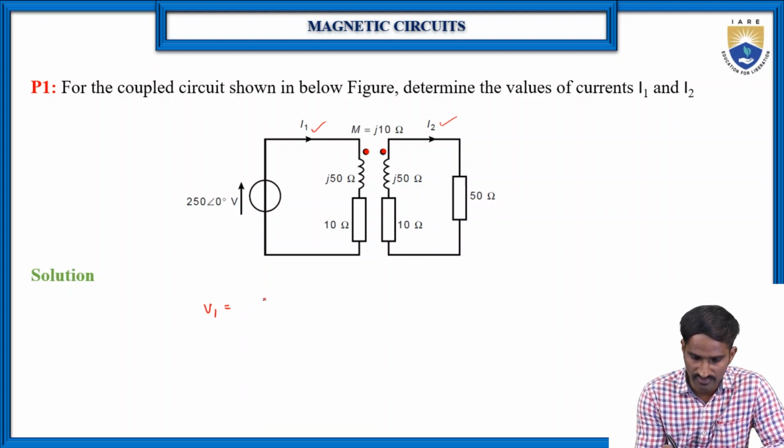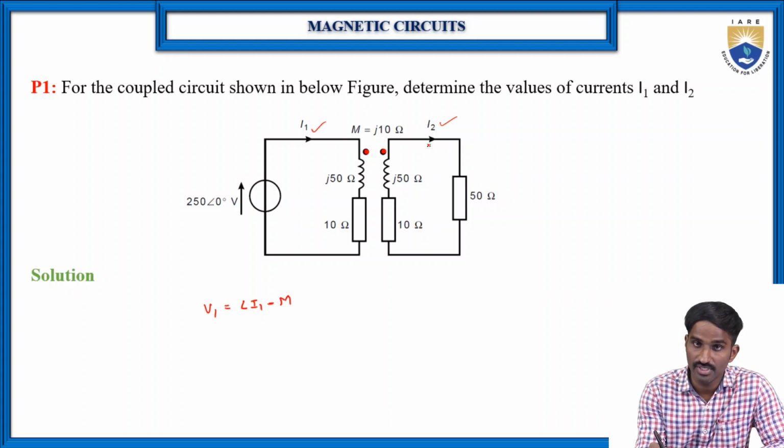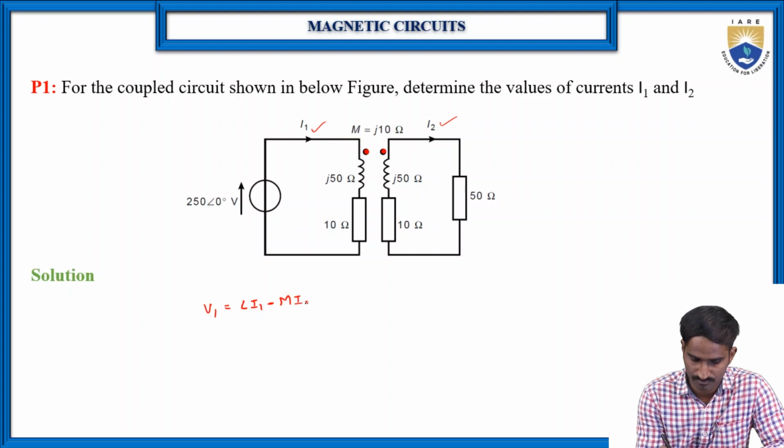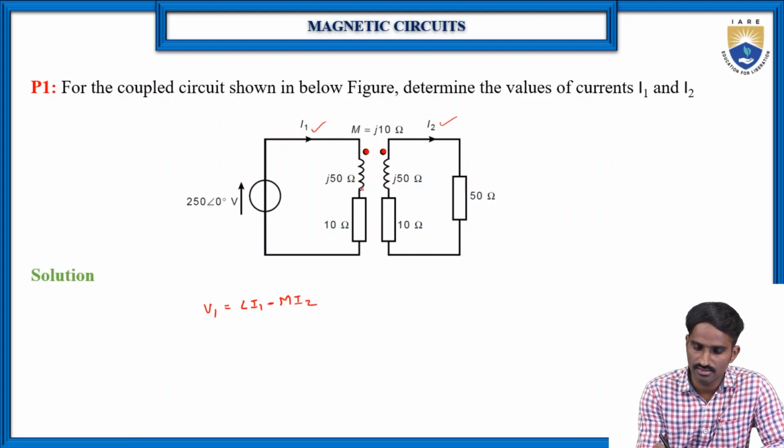So it is L into I1, and minus M into I2, because some flux will link with this primary coil due to the current flowing through the secondary coil. So that is this one.